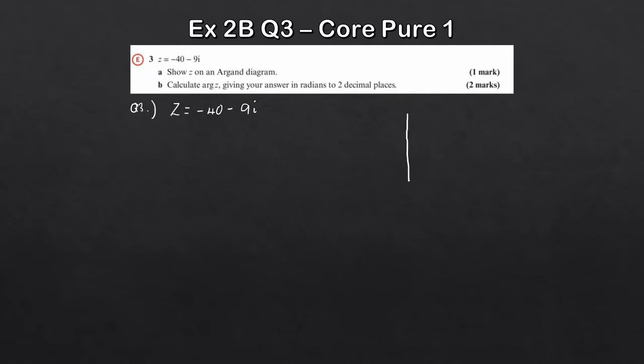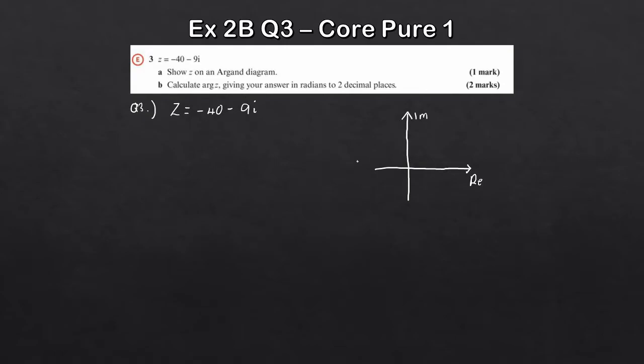So if I draw my sketch, just remember which axis represents the imaginary and which one represents the real numbers. The real numbers is what would be our x-axis, and the y-axis represents the imaginary numbers here. So minus 40 minus 9i, that's minus 40 along the real axis, and then minus 9i on the imaginary axis.